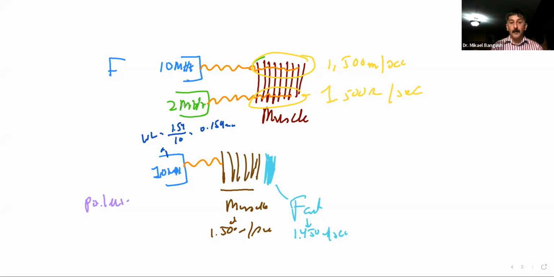Now, when you scan the same tissue, here our tissue was muscle, it doesn't really matter whether we use a 10 megahertz transducer or a 2 megahertz transducer. The speed of the sound produced by either of these transducers is going to be the same as it travels through muscle.